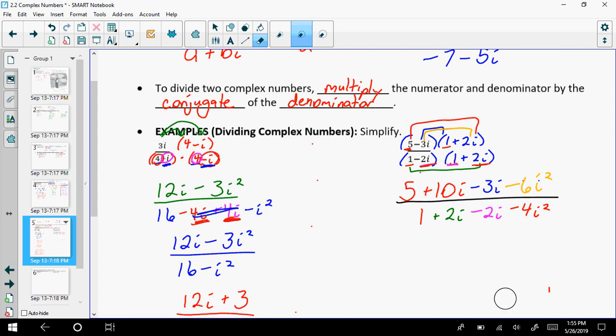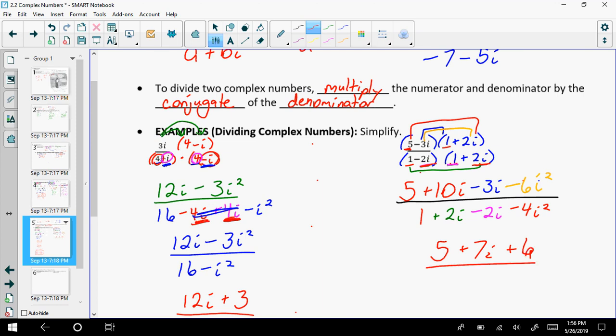Okay, now we just have to clean things up. So combine like terms, I would have 5, 10i minus 3i would be 7i. And I'm going to do the i squared step right now. I'm going to replace i squared with negative 1. So that's going to become plus 6. On the bottom, I have 1. The 2 i's cancel, which I want to happen.